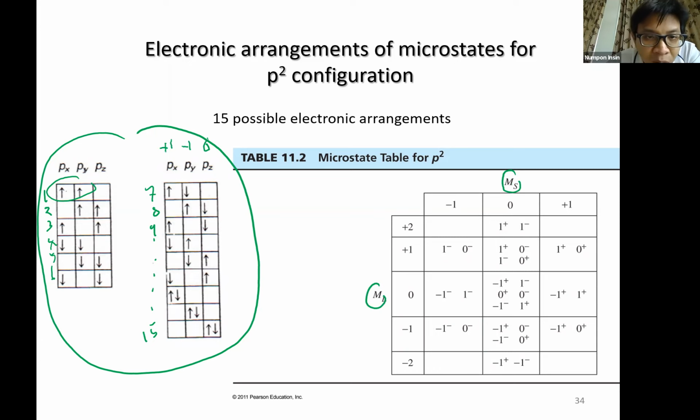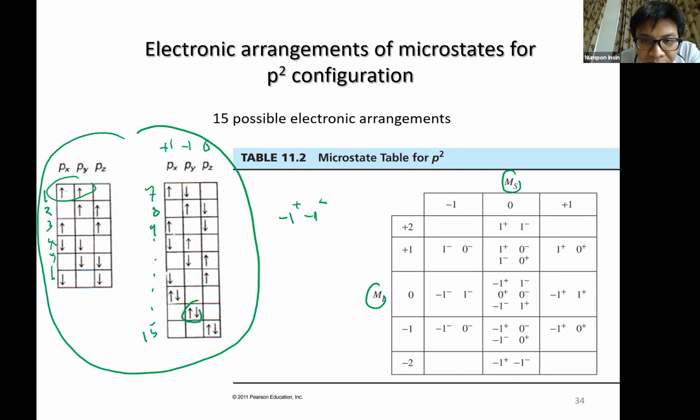So if I pick this one, this value is going to be minus 1 plus and minus 1 minus.